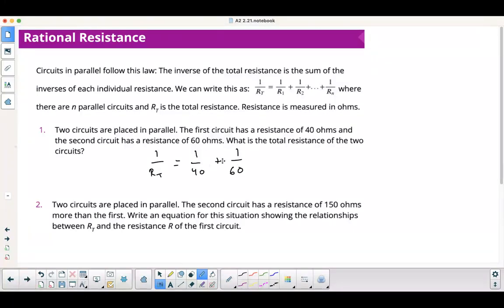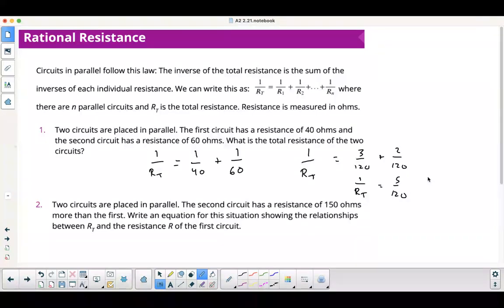Okay, so what I would do now is I would probably combine these. So I'm going to get 1 over RT equals, let's see, what would my common denominator be there? 120 maybe? So it's going to be 3 over 120 plus 2 over 120 would give me 1 over RT equals 5 over 120.